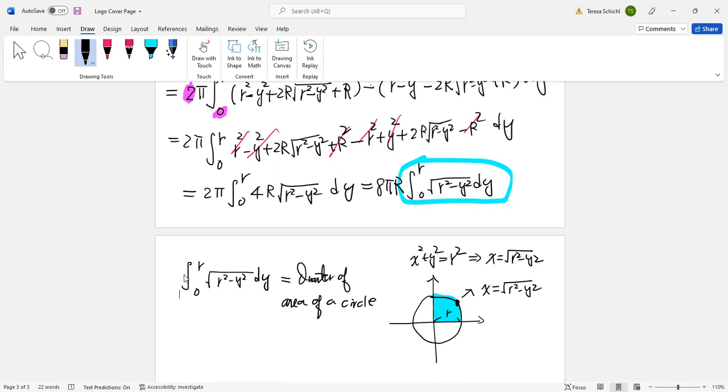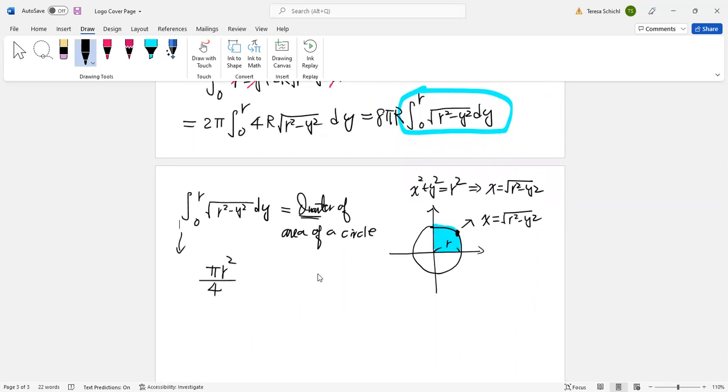The area of this circle is pi r squared, and because this is a quarter of it, this number is pi r squared over 4.